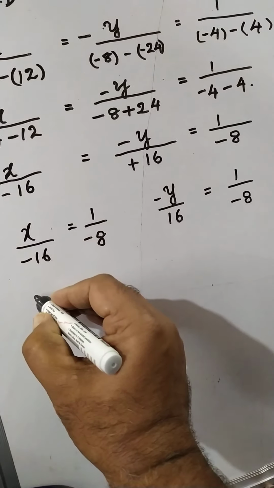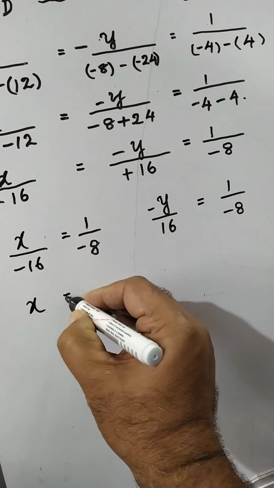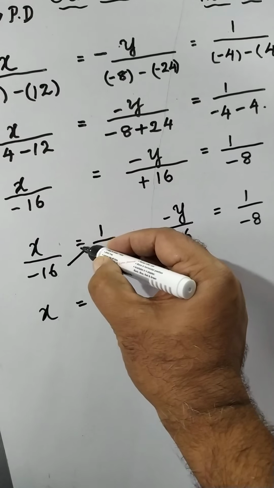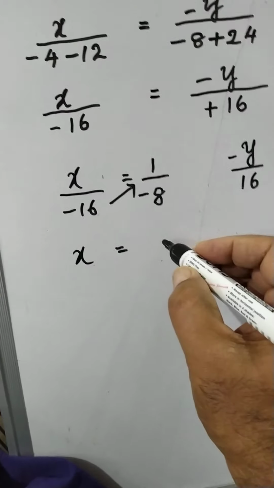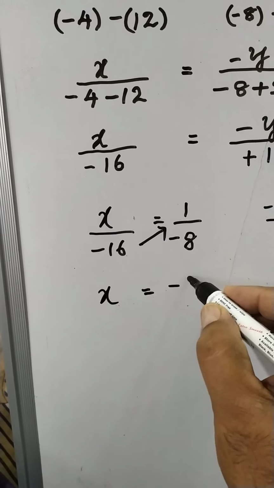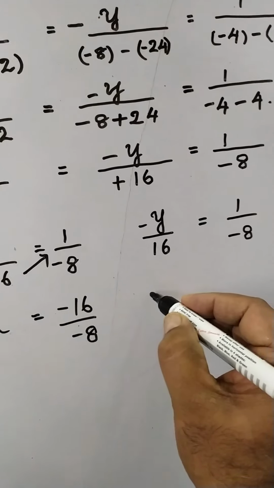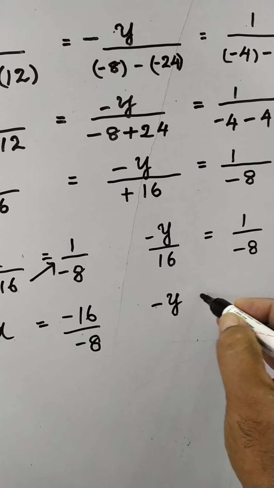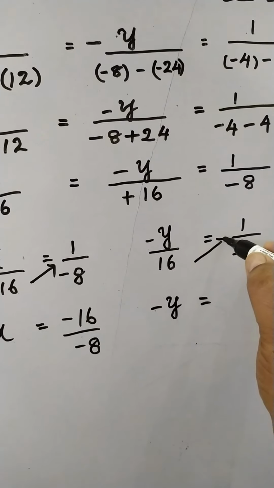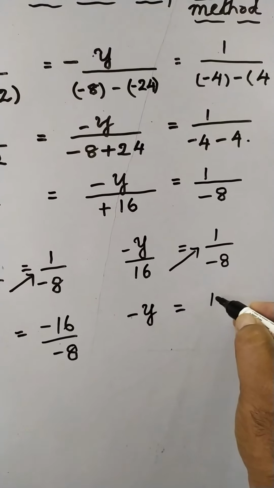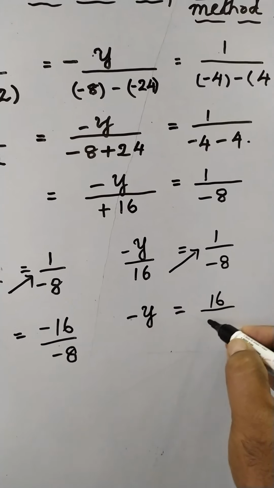So, x will be equal to, if you transfer minus 16 to the other side, minus 16 divided by minus 8, and minus y is equal to, transferring the 16 to the other side, 16 divided by minus 8.